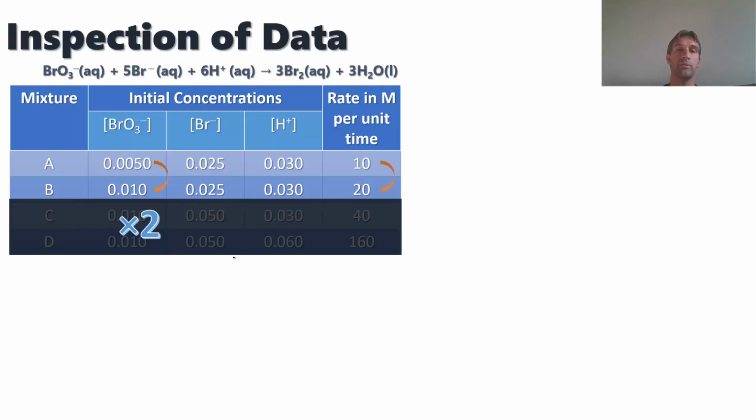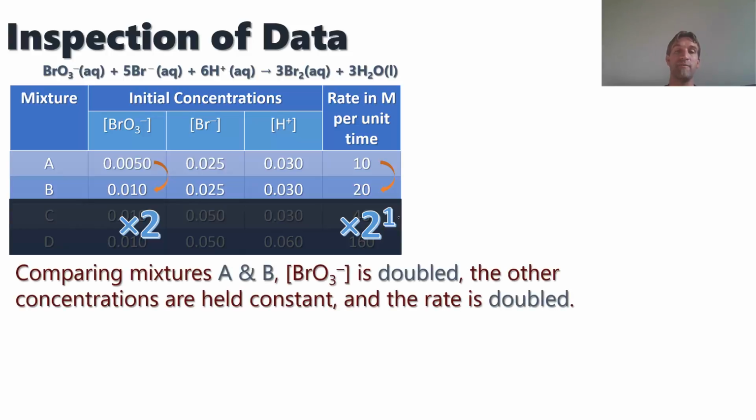When we look over at the rate, you'll notice that we go from 10 to 20, which again is 2 times the rate, a doubling factor. But don't forget, we have to think about order when we're talking about rate. If I'm doubling the concentration and I double the rate, that's really 2 raised to the first power. And what that means is we have a first order change with respect to our bromate ion.